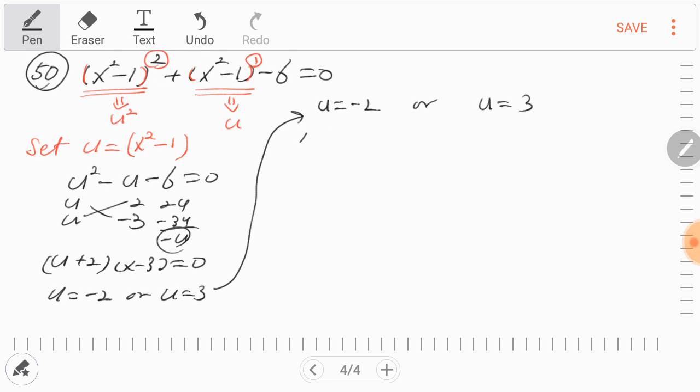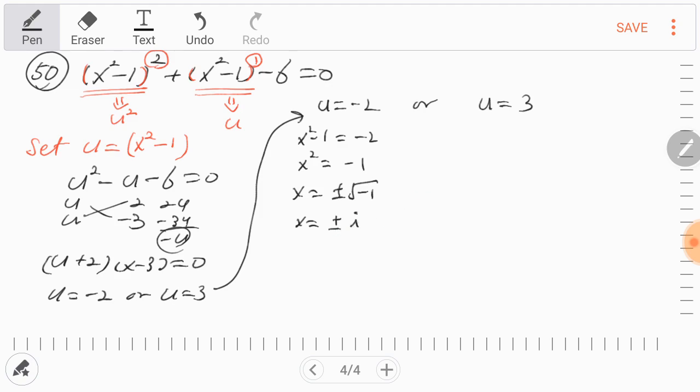So x squared minus 1 is equal to -2. Then x squared equals -1, then x equals plus or minus square root of -1, so that is equal to positive i, negative i. So we got these two values.